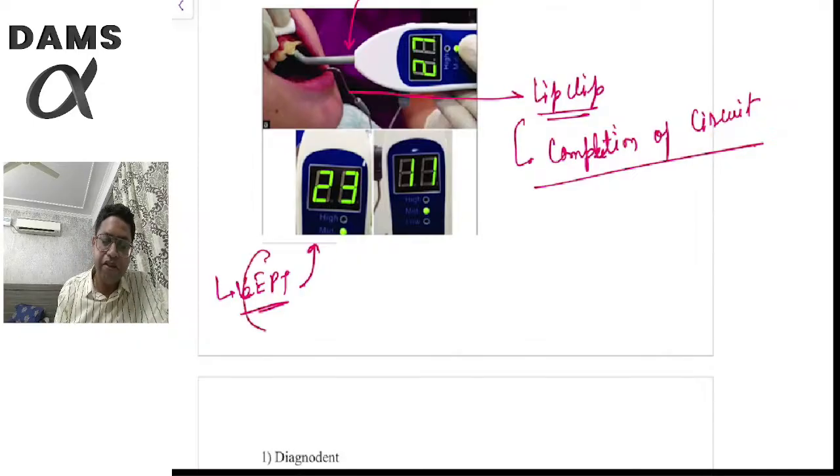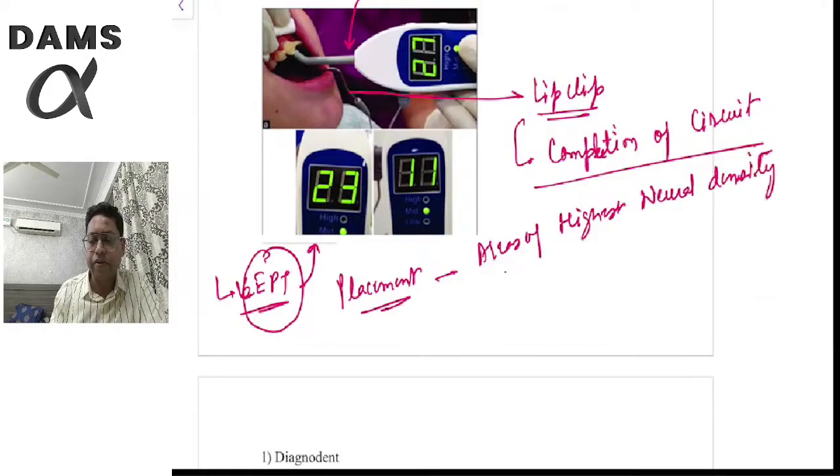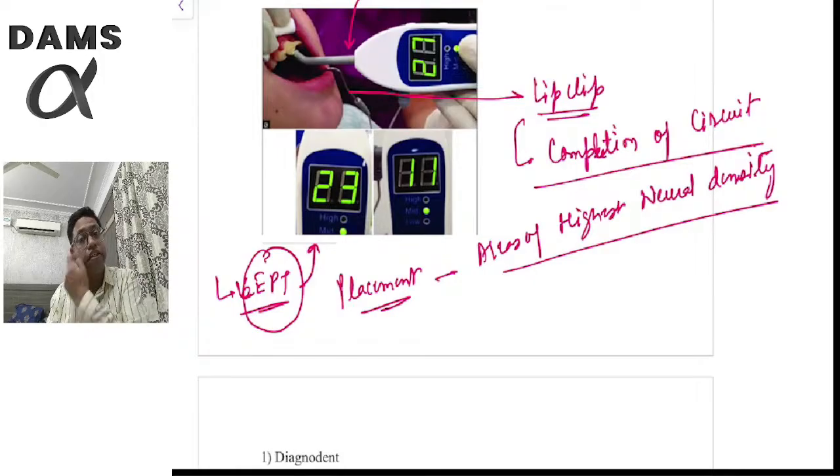Related to the electric pulp tester, another set of questions is on placement. It should be done in the areas of highest neural density.